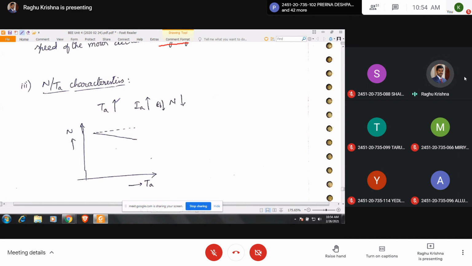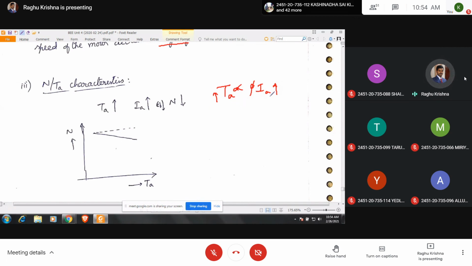If torque increases, current increases, right? Torque is proportional to flux into Ia. As flux is constant, if torque increases, Ia increases. So the motor will be taking more current from the supply.